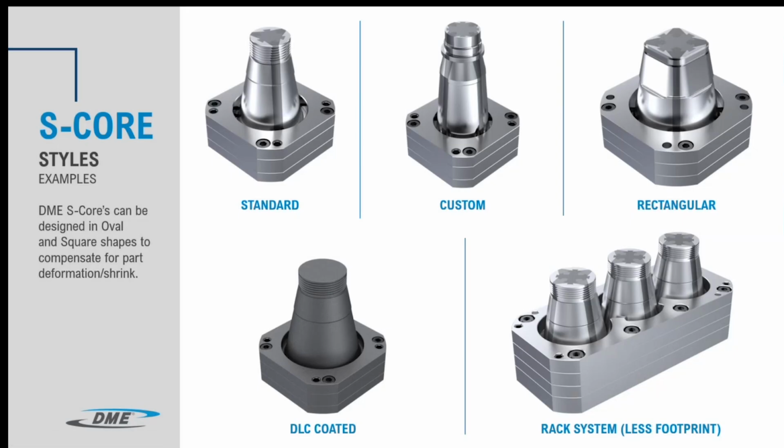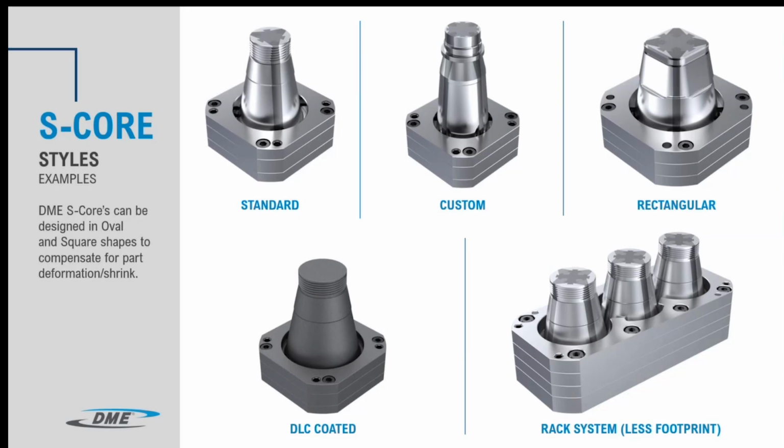And on the left side, at the bottom, you see our DLC coated version. What does it mean? Sometimes the plastic material that the customer uses for their part is not so easy to handle, as an example some filled material, PA with glass fiber.